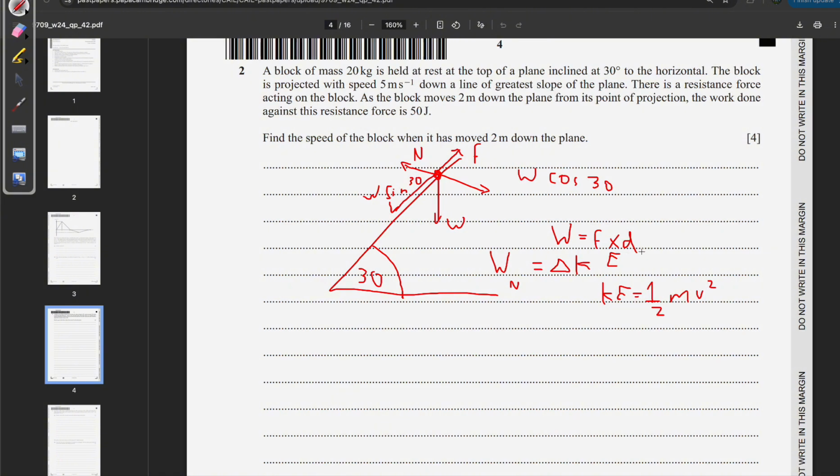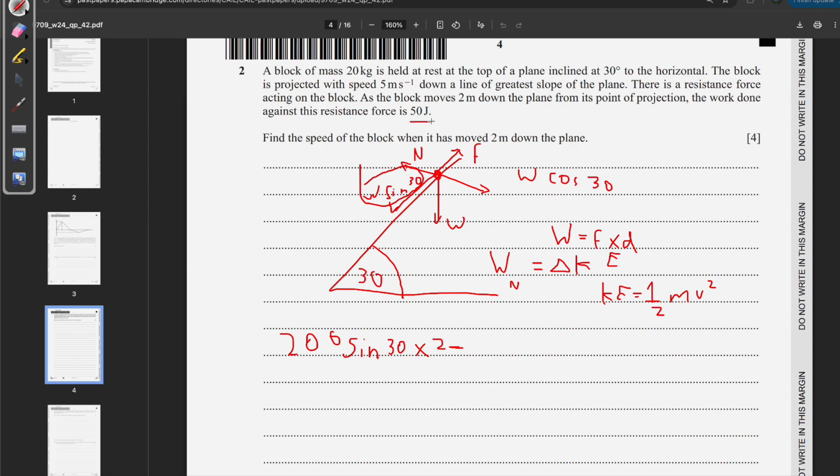Since work is force times distance, what is the force we're talking about in this case? W sine 30, right? Since we're going to use g as 10 since they didn't specify, so 200 sine 30, that's the force, times the distance, minus the resistance force.